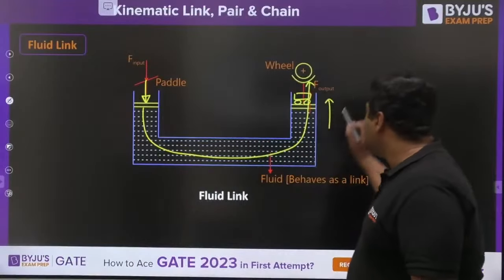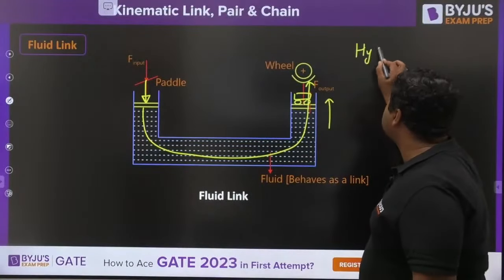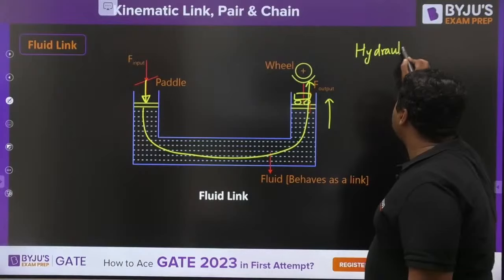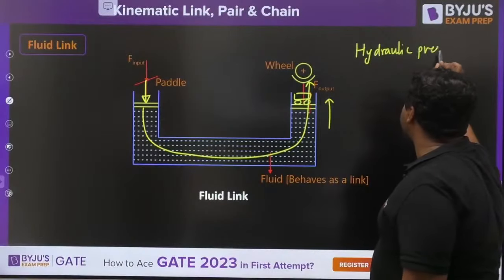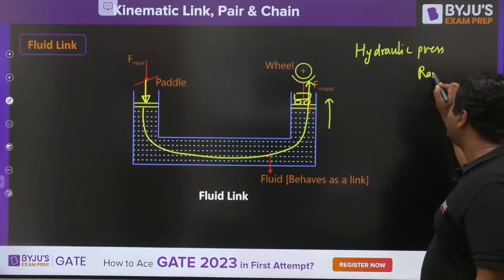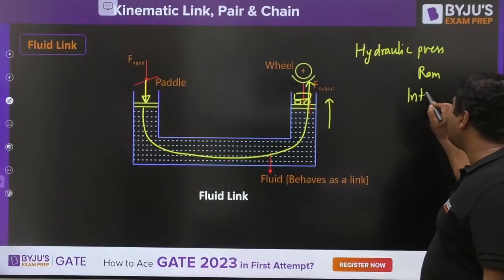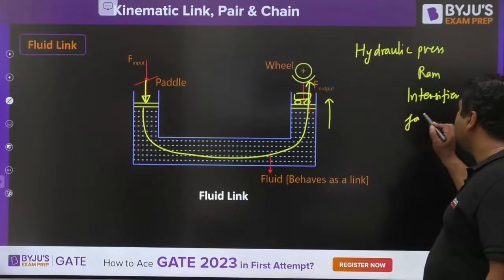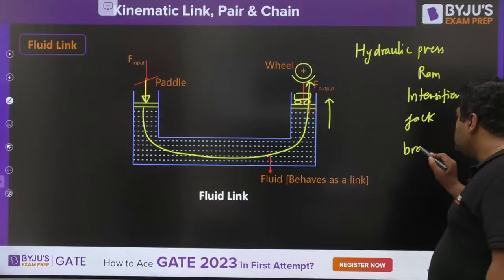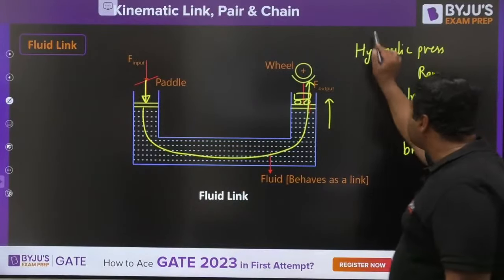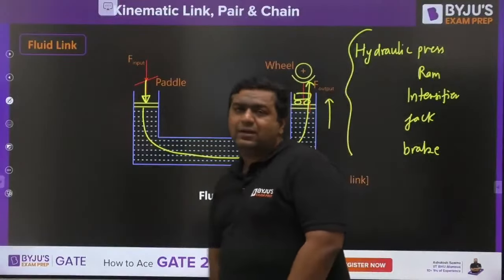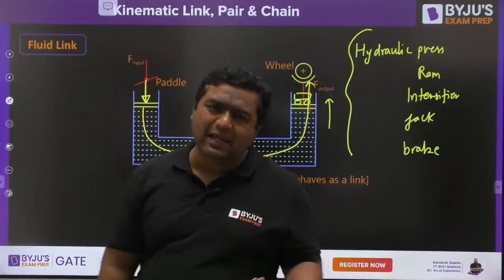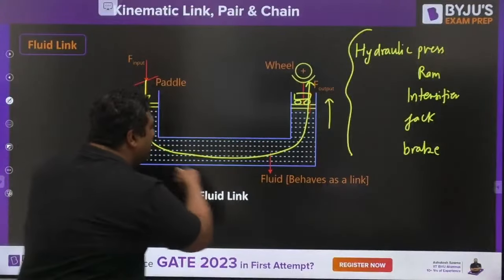So all the devices with the name hydraulic, like hydraulic press, hydraulic ram, hydraulic intensifier, hydraulic jack, hydraulic brake, for all these cases the fluid is acting like a link, because you are capable of giving motion.